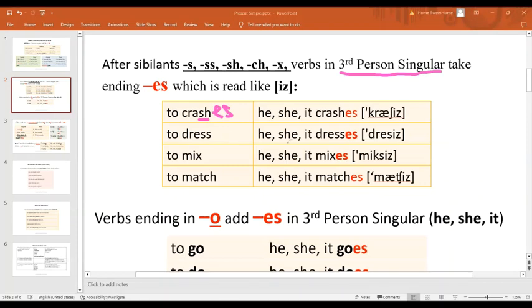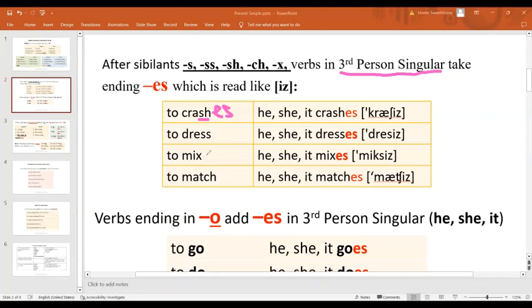Dress. We add es. And we get he, she, it dresses. We use it here for practice. It's neutral gender. Dresses. Mix.